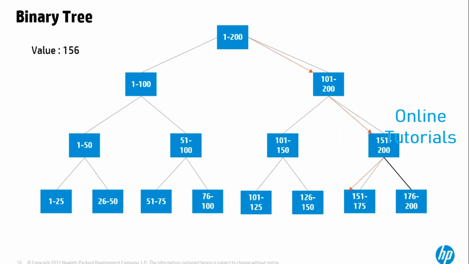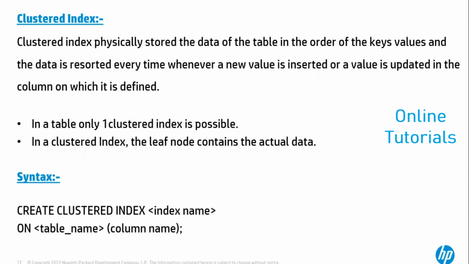If there is no binary tree and the records in the table are in zigzag manner, and you want to search the 156th record, just assume how much time it will take. There are three searches with a clustered index, and there could be 156 searches if you are not indexing.